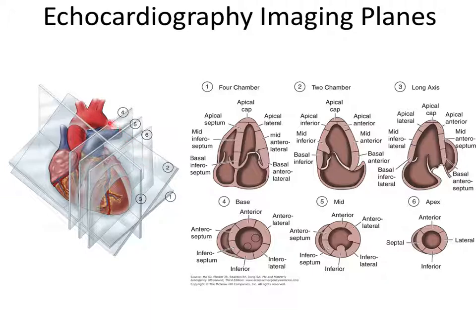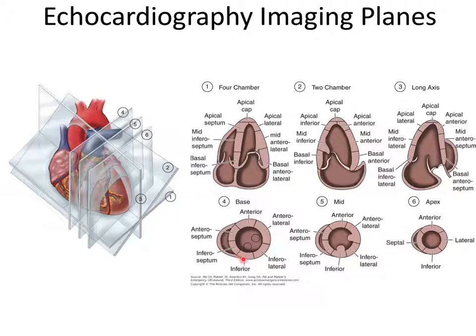And then we have 3 other views of the heart, which are the short axis views, and they cut the heart perpendicularly to these long axis views. And the heart looks like a donut. The diameter is a maximum at the base, gets smaller as we move towards the apex, smaller still down towards the bottom.